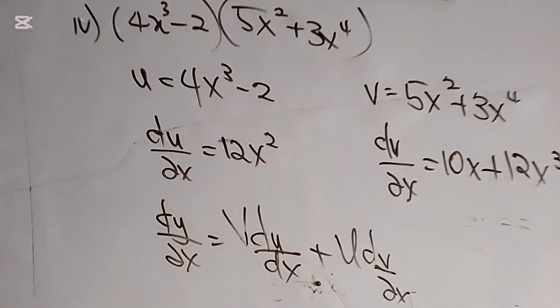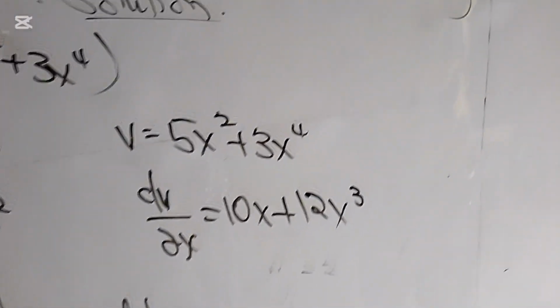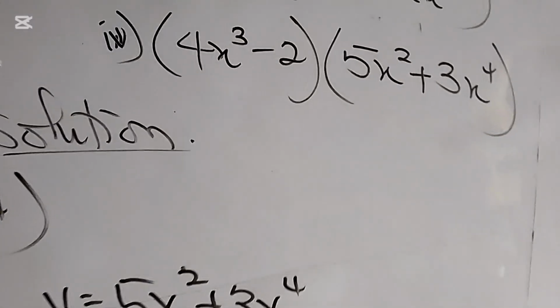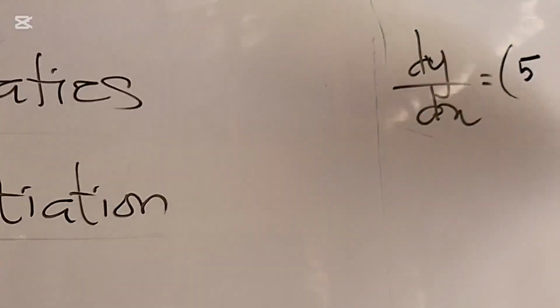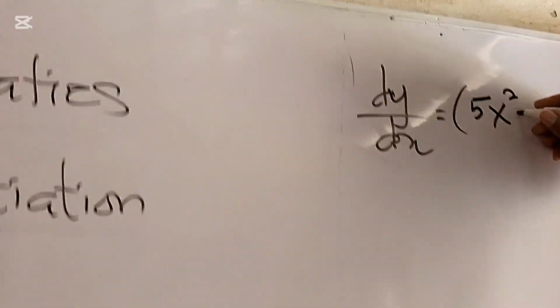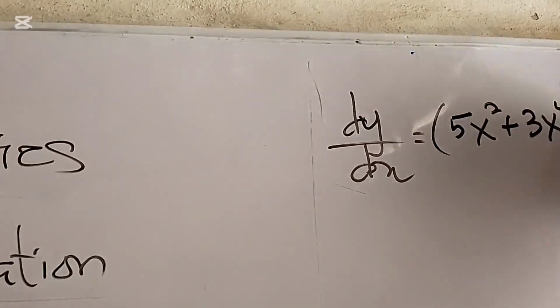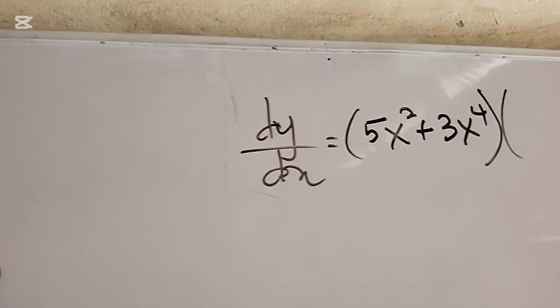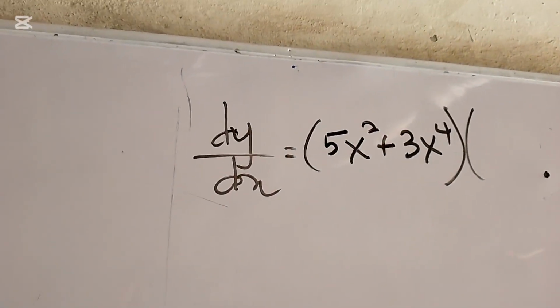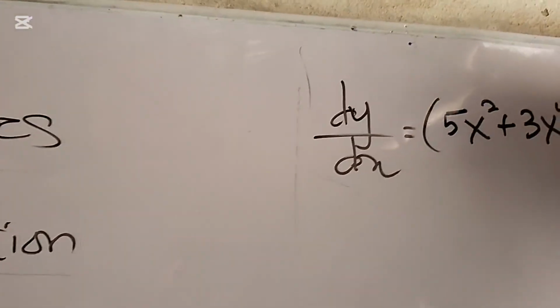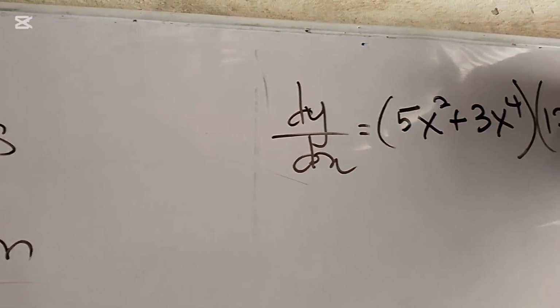Our v is 5x squared plus 3x to the 4th power, multiplied by our du, which is 12x to the 2nd power.